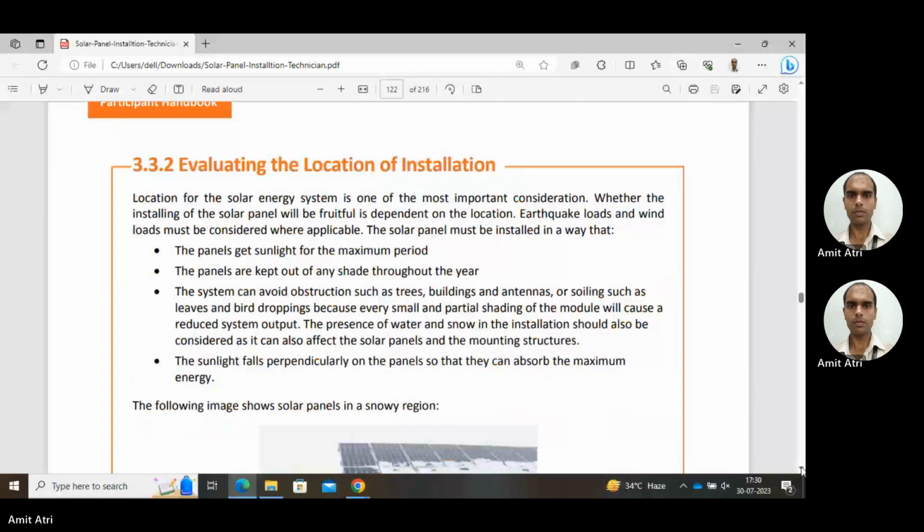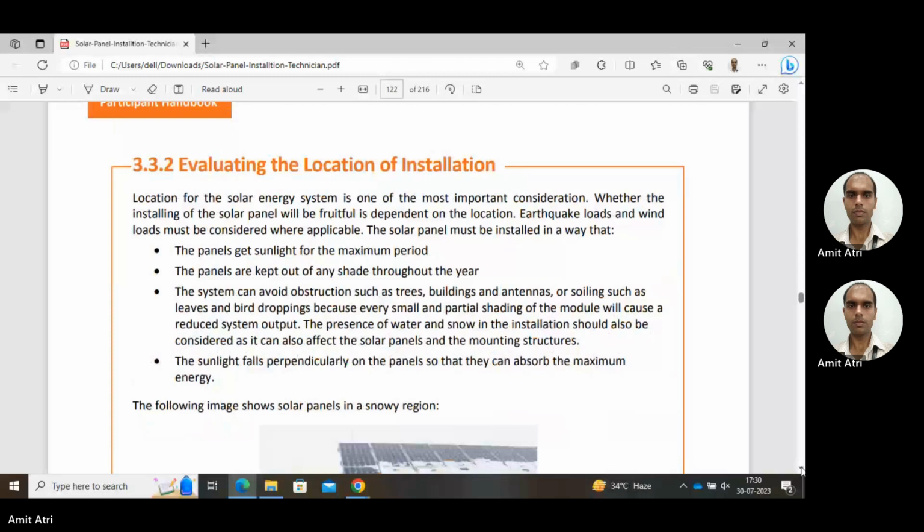Other things we have calculated, but if the location is not suitable, or the way we have installed it is not efficient, the angle, some of the factors we have just studied, inclination, shadows, because shading comes up most of the time, then even though we thoroughly design our system, we will not get any satisfactory output from the system. Earthquake loads and wind load must also be considered where applicable.